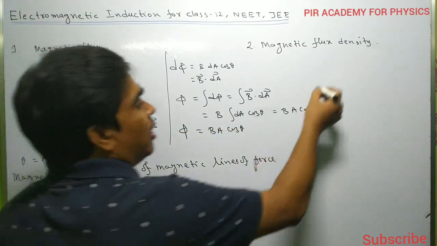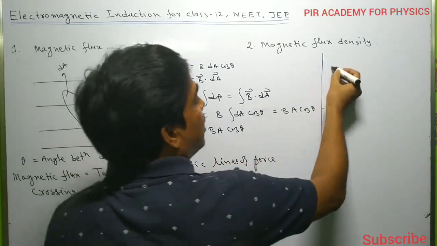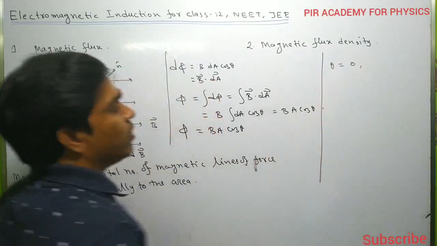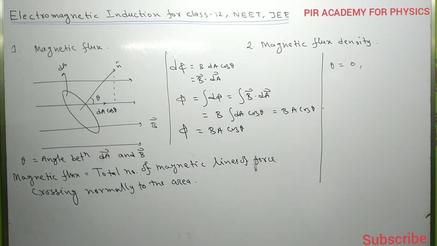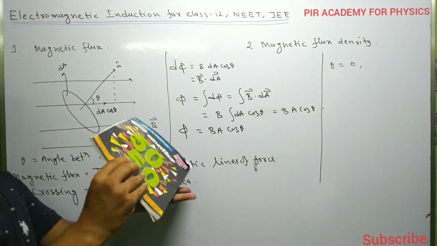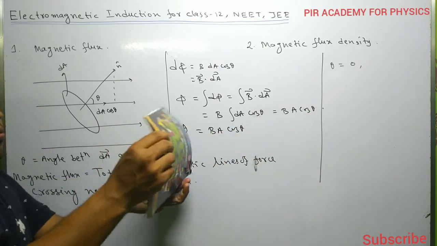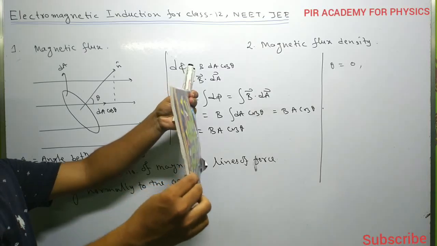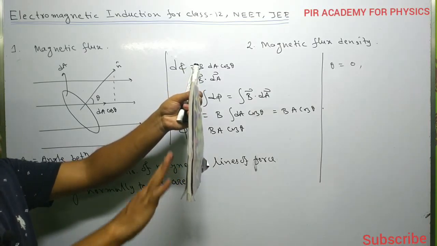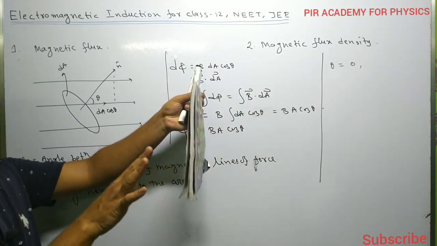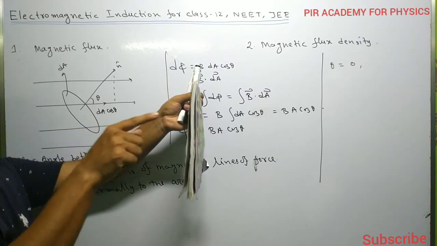And if theta equals 0, that means if this is the area and this is the direction of the magnetic field, and the area is placed like this, then the maximum magnetic lines of force cross this area.